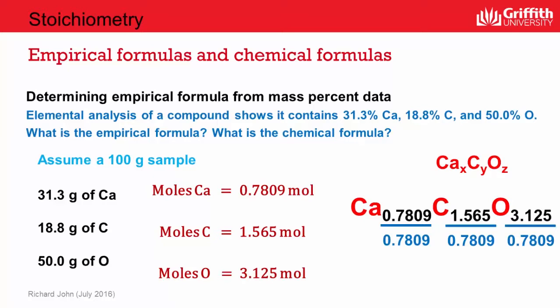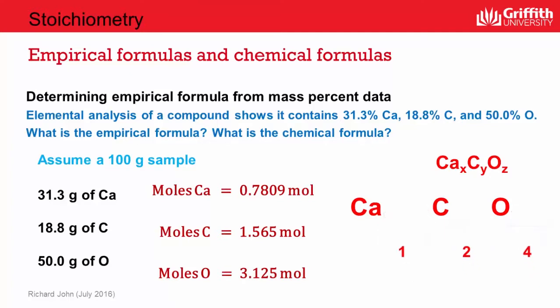And of course the numbers we get out now, we get 1 for calcium, 0.7809 divided by itself is 1. 1.565 divided by 0.7809 is 2. And 3.125 divided by 0.7809 is 4. And in effect, they become the subscripts in the empirical formula.